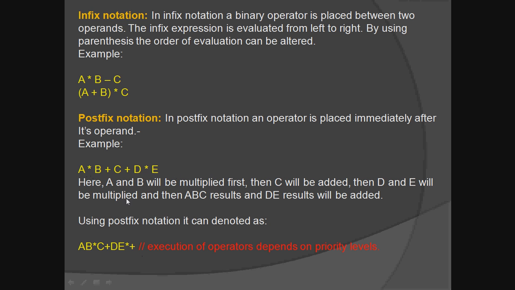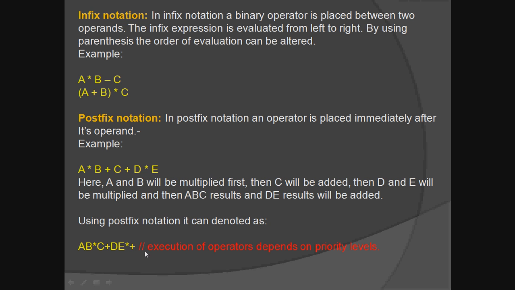Okay, then after that, plus, right? And then, instead of executing this, we execute d e, right? So that will be d e star. So d e star, and then finally we add this value, the result of this and this. So that's why the plus symbol is written last.